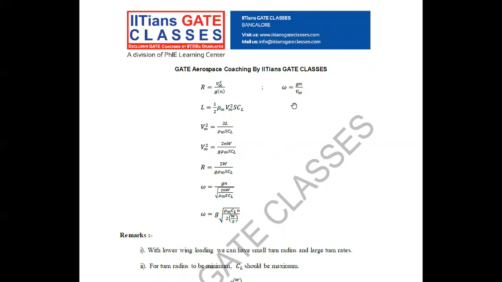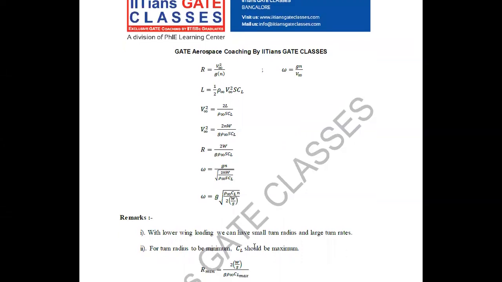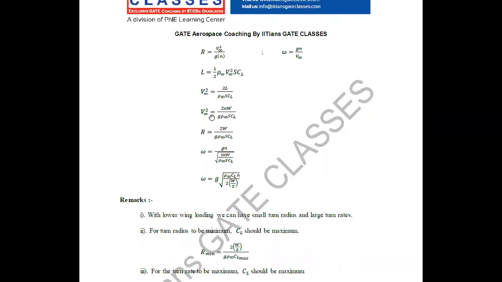Now, substituting V from this equation into the turn rate equation, we get turn rate as g into root of rho CL n divided by 2 W by S. W by S is the wing loading. If you compare these two equations, the radius of turn and turn rate equations, in order to have a small turn radius, wing loading should be minimum.